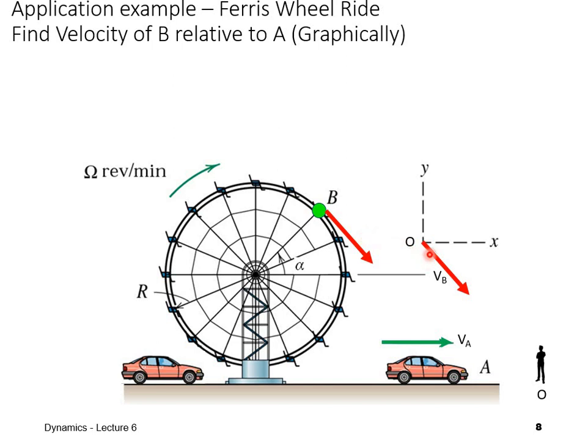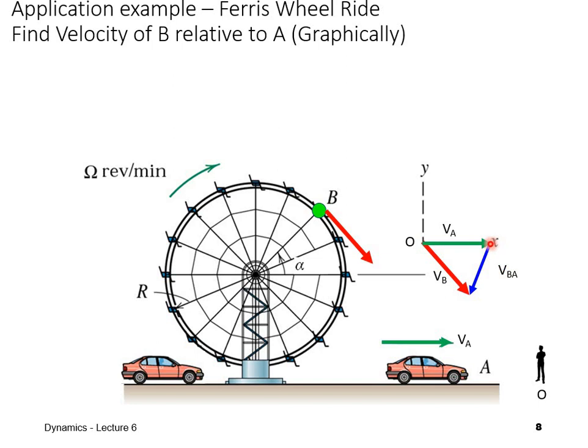So this is VB using the scale, and then VA according to the scale, and then I put another arrow towards B, which is the velocity of B relative to A.